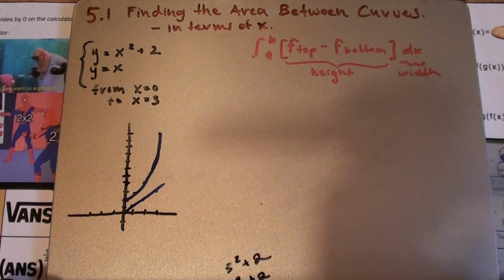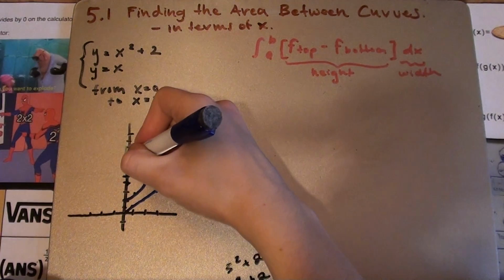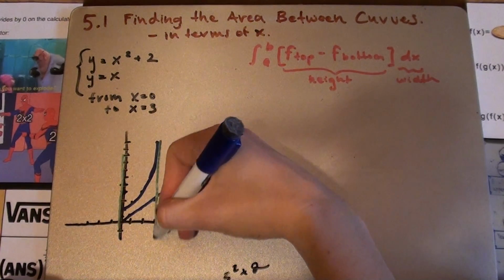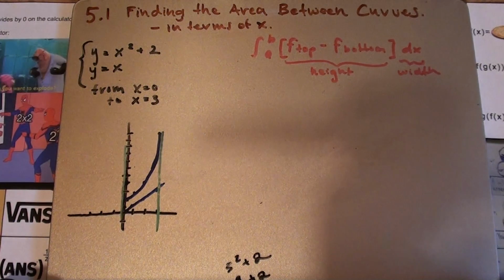And then we know that we have a point here, and here, and so on, diagonally forever, for y equals x. And we know that our bounds, like I said, are along our y-axis and along this guy right here. So we're trying to find the area in the middle.